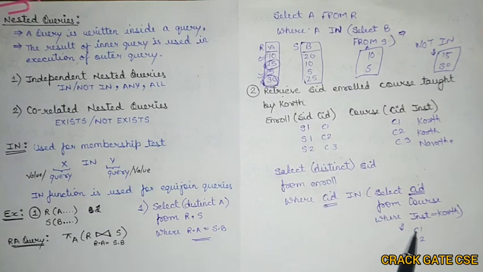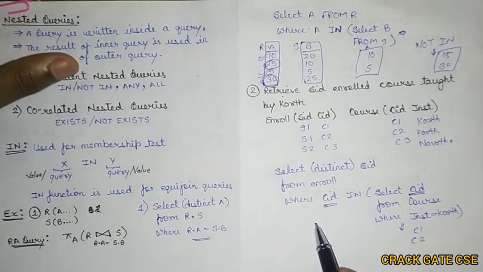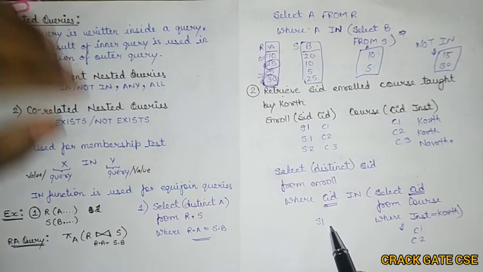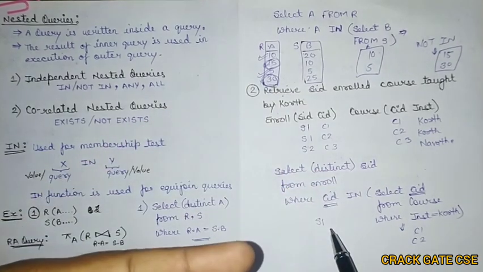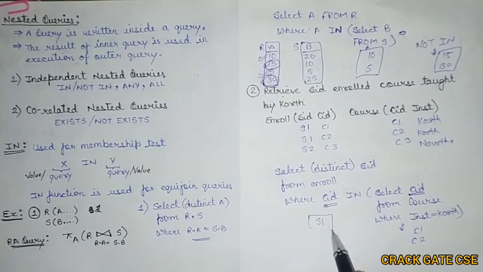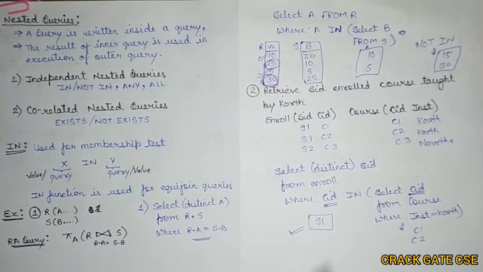So this C1 is equal to C1, this C2 is also equal to C2. So what will be the output? The output will be S1 only, because we are using distinct, so it cannot be repeated. So S1 will be the output. This way we can find out the output of the query when we are using the in or not in operator.